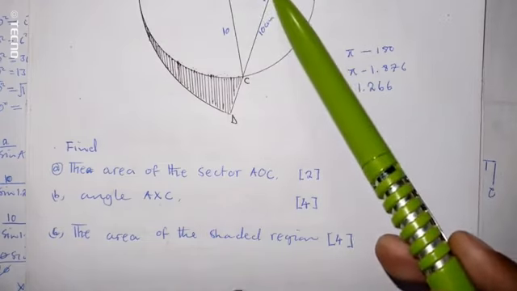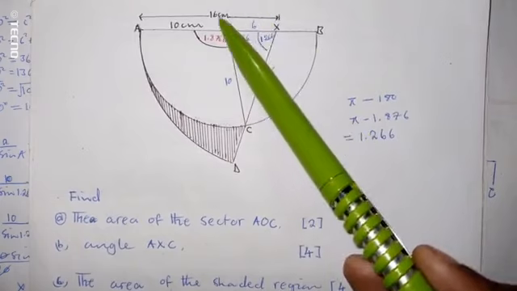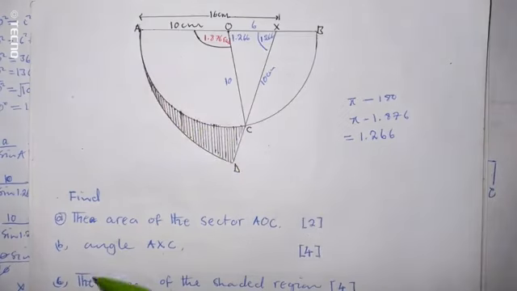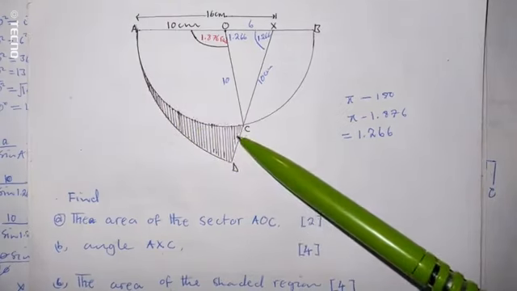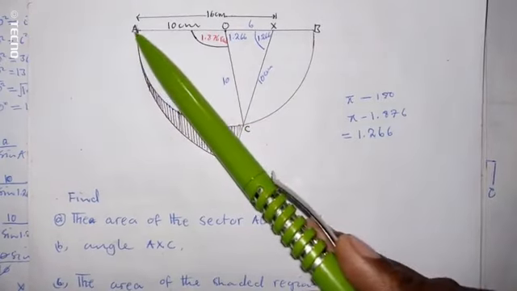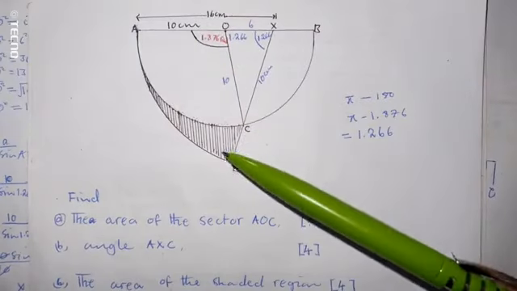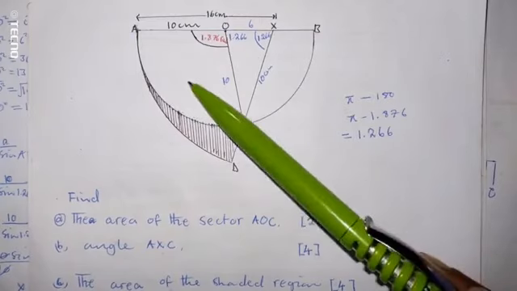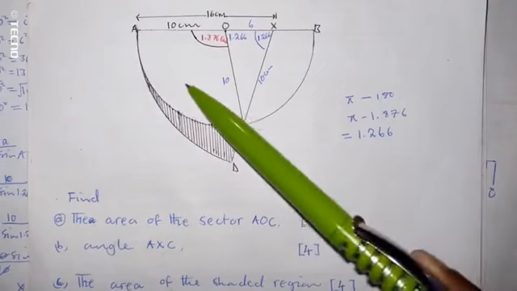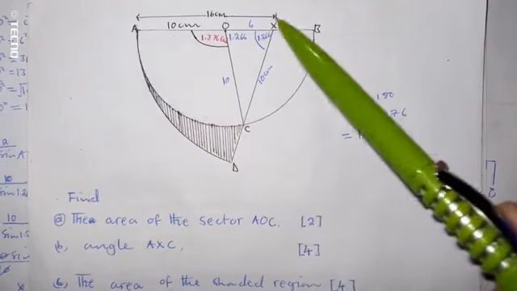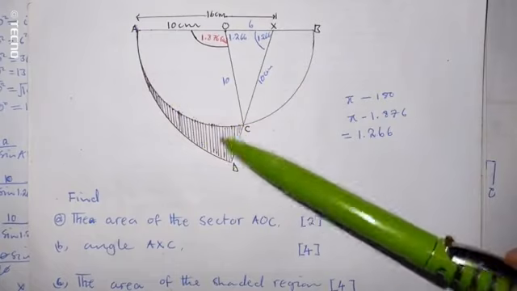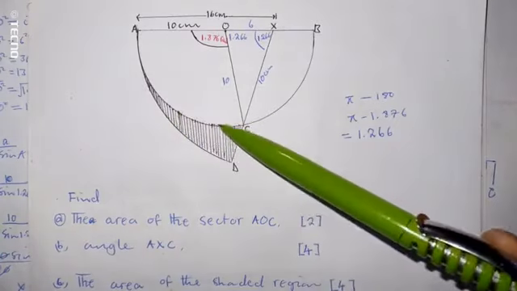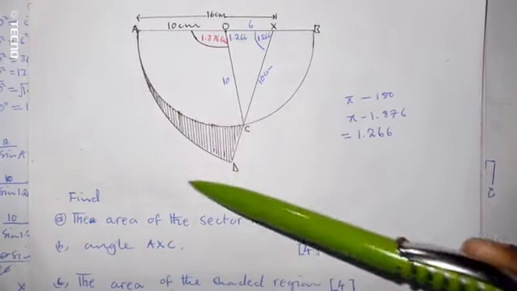So we have answered AOC, then we also need to answer AXD. Then we subtract the smaller one from the bigger one.